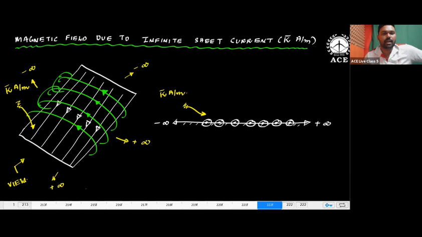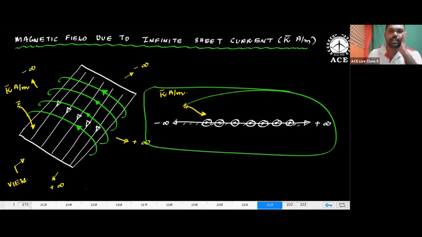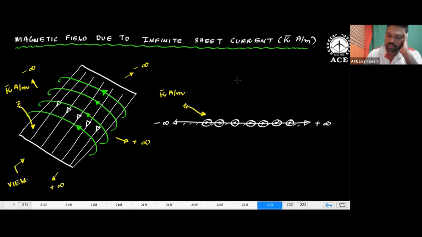Clear? So how will the magnetic field look for the infinite sheet? Tangential, above one line, below one line. Tangential on both sides. It would bend at the corners, but as it is of infinite extent, it will never encounter any corners or bends. So here it is like this.